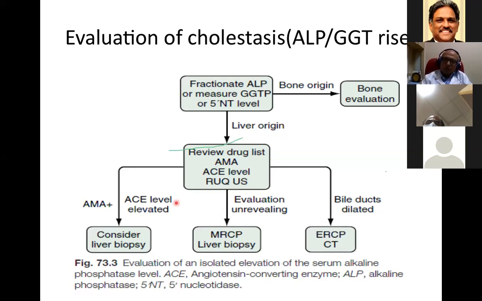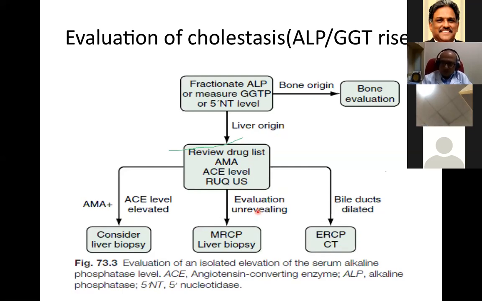So if you have a rise in antimitochondrial antibody or ACE level, and you're thinking that it is granulomatous hepatitis, then you can consider a liver biopsy. But if the ultrasound shows that there's an obstruction in the bile duct, then you may need to go down the route of an ERCP and sometimes doing a CT to get more information.